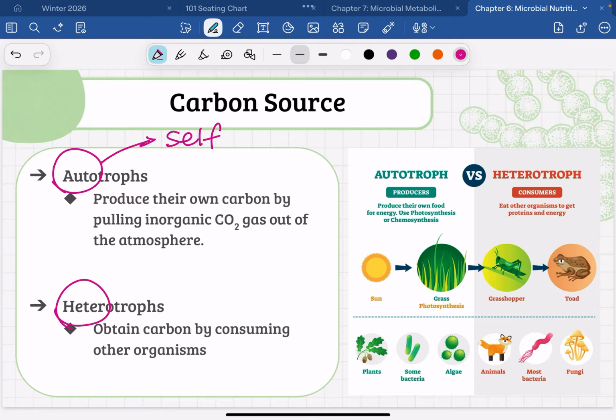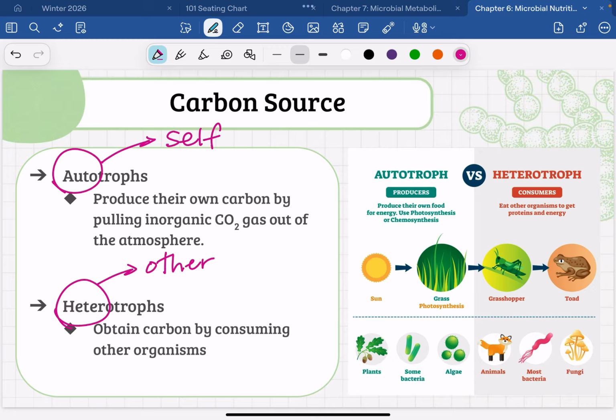Like an autobiography is something that you wrote yourself, by yourself. Okay, so auto means self. Hetero means other, or different, or opposite.